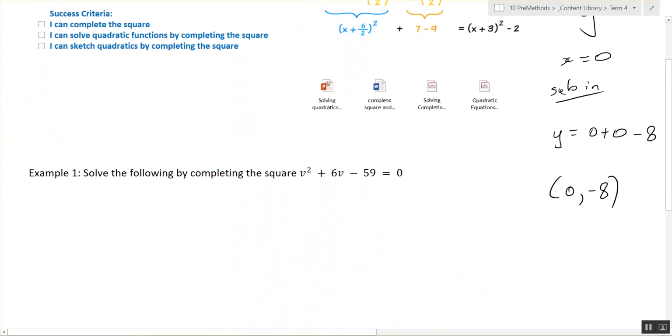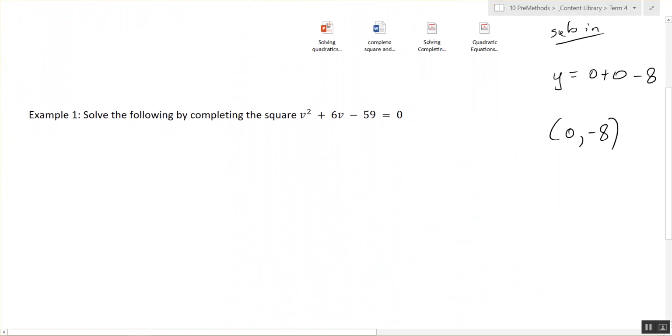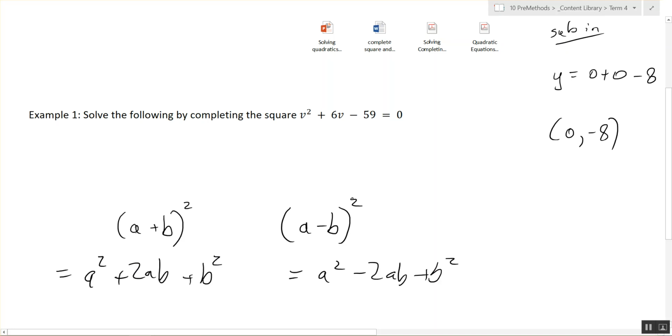So let's go back to the basics. Do you remember seeing these a long time ago? Yep. So what's the first one expanded, someone? There's a number, so that A could be X and B could be, I don't know, 3.